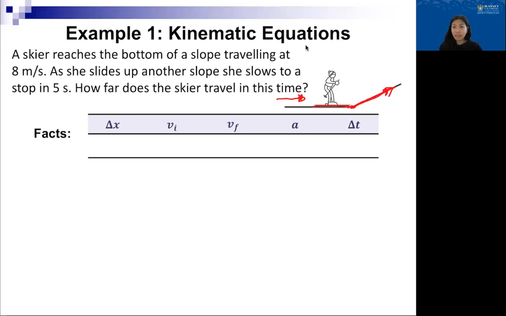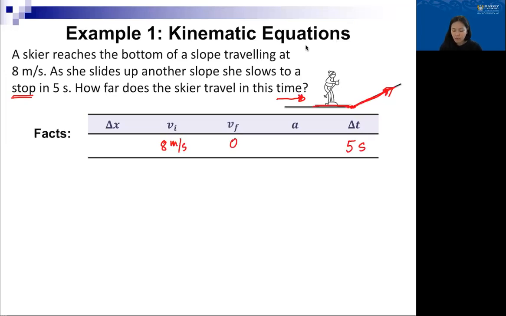In fact, 5 seconds is given. 5 seconds is a unit of time, so we're given the time, 5 seconds. What else is given in the problem? VI, very good. The skier starts at 8 meters per second. And VF also, very good, because it says it slows to a stop. We read the keyword stop there, so your VF is 0.